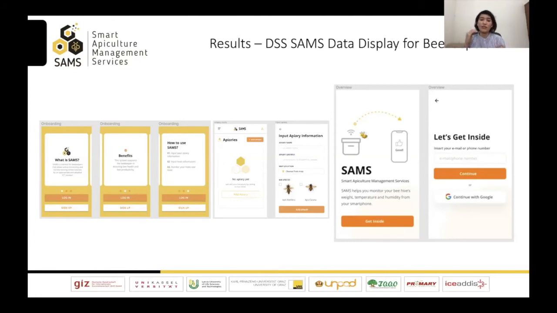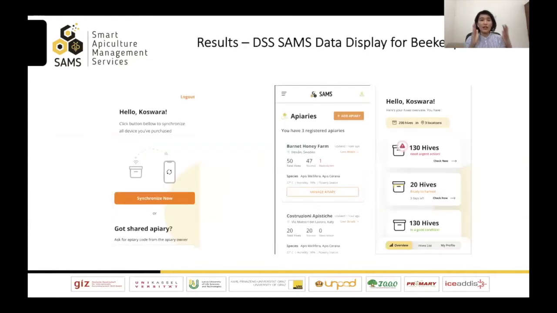That's it, and then just one call-to-action button, which is Get Inside. After you get inside, instead of setting up all the information from the start, the beekeepers can instantly see how many monitoring systems they already own or have just purchased, and then they assign tasks to each monitoring system, such as where it should be located, and so on and so forth.